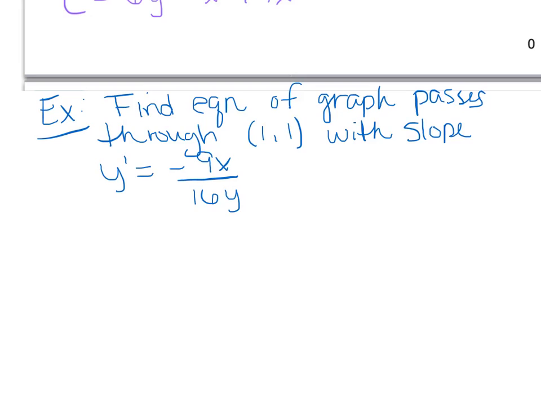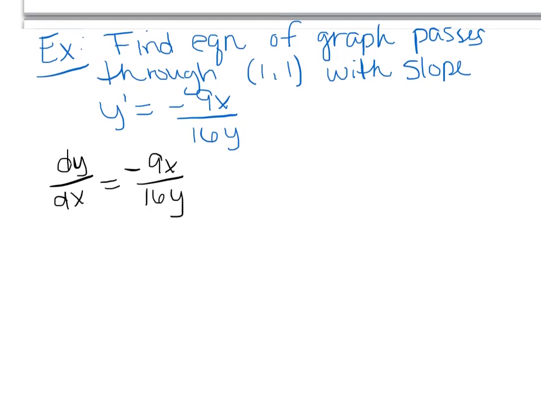If you recall, slope, which in this case is y prime, can be written as dy dx. We can say dy dx is equal to negative 9x divided by 16y.